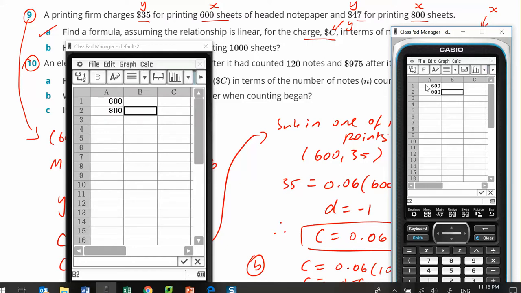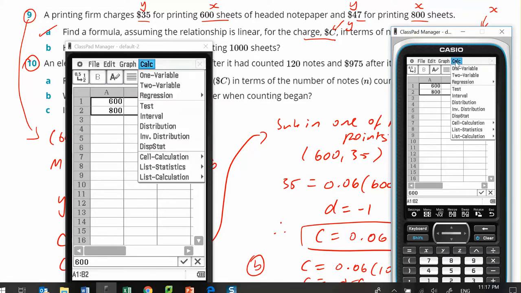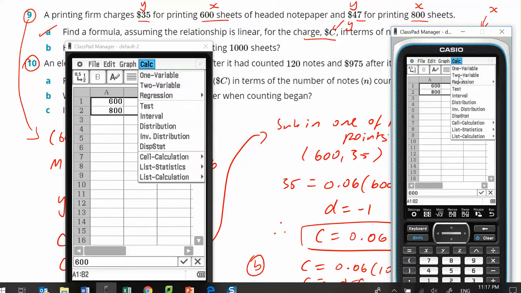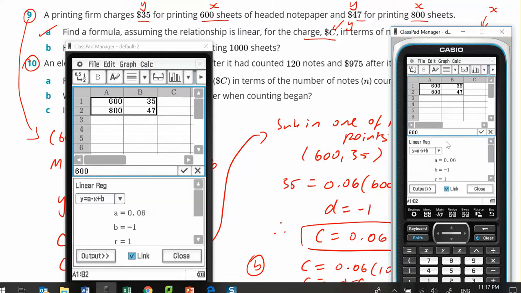And then the corresponding y values here. Okay, so that's 35 and that's 47. Now, really important, you've got x value, y value, x value, y value. You're going to highlight and go calculate, regression. So I've highlighted, calculate, regression, linear regression.